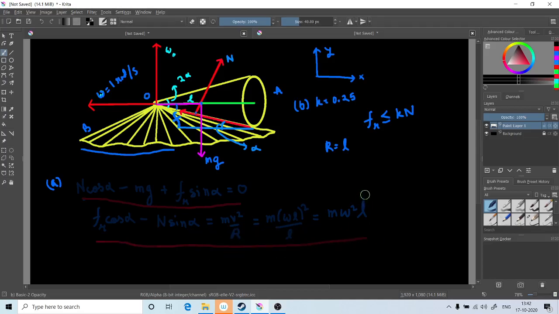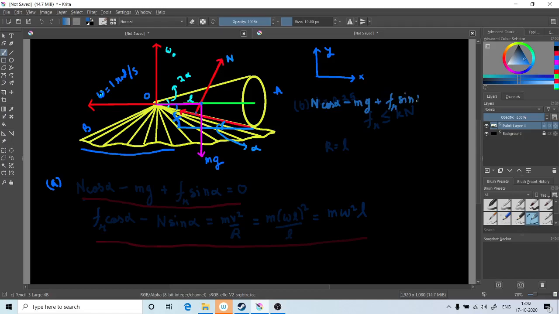Our two equations were n cos alpha minus mg plus fr sin alpha equals 0, and the second, fr cos alpha minus n sin alpha equals m omega square L. So these are two equations.